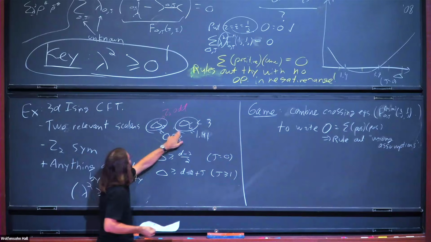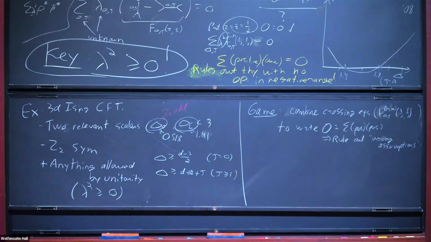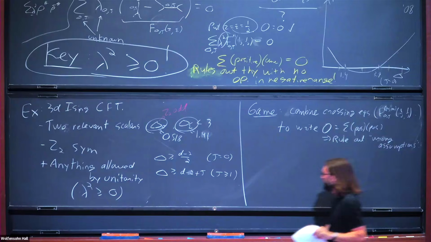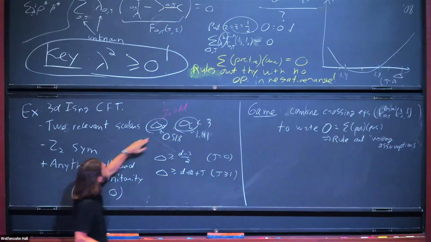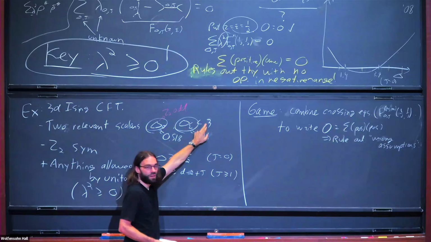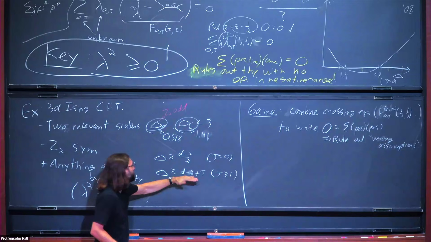So these are the two main assumptions, and I'm going to make these the axes of my plot: delta sigma and delta epsilon. Then you assume that there's no other scalar until dimension 3, and there's no vector, tensor, and so on below the unitarity bound.